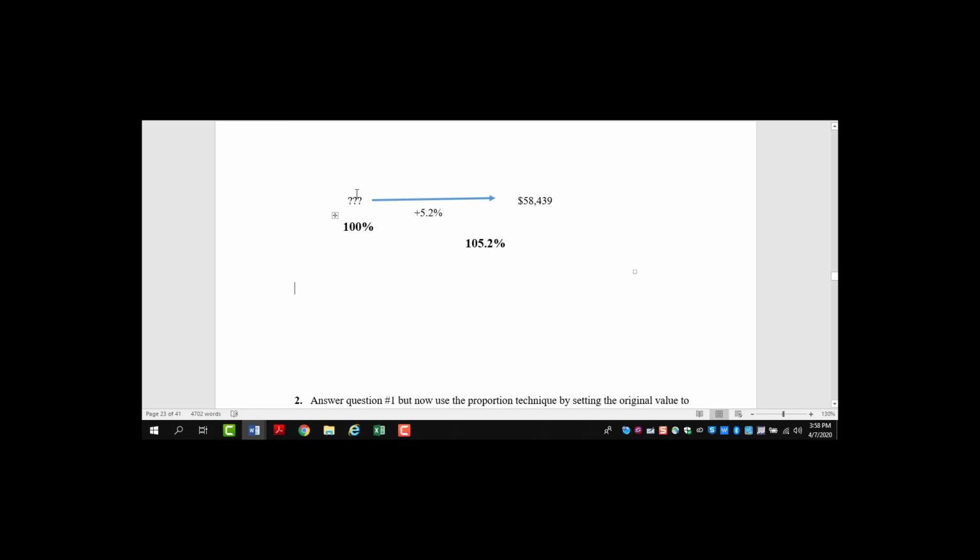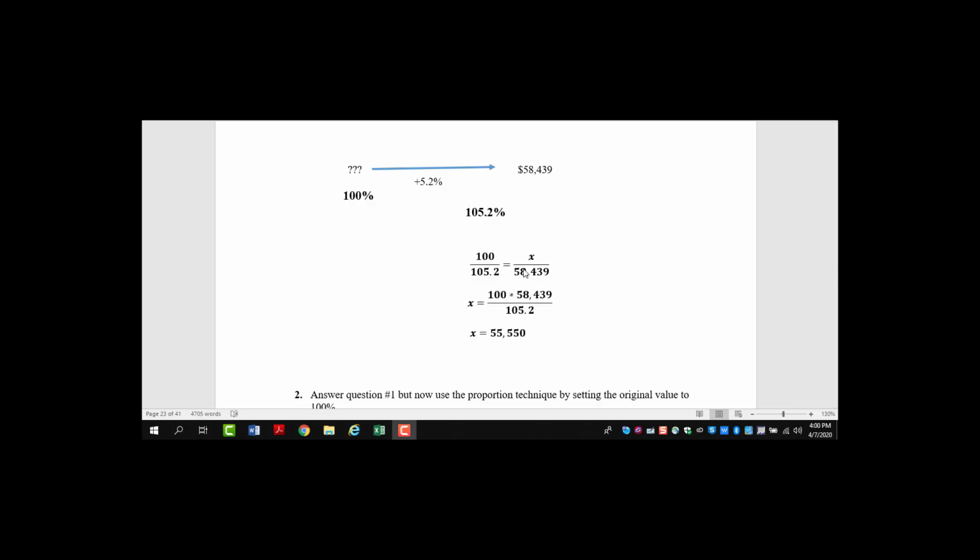So here's our ratio: this to this is 100 to 105.2. So I'm going to put 100 to 105.2 equals, I don't know, to 58,439. So we end up with the same thing that we just did. You do it algebraically. But here I go from 100 to 105.2. That's a 5.2% increase over 100. So that's got to be the same as the unknown up to this amount. So there is the proportion, cross multiply and divide, and we get the same number.